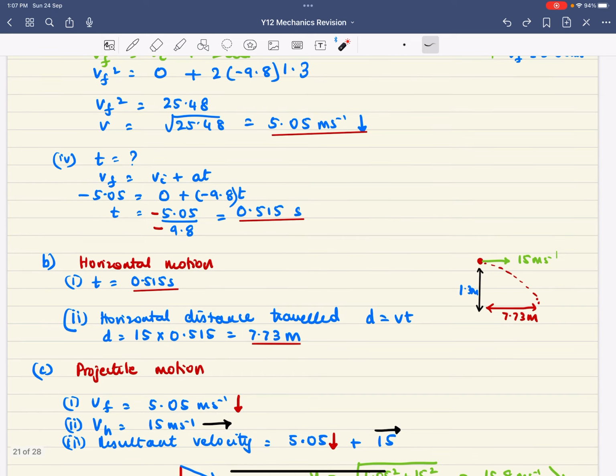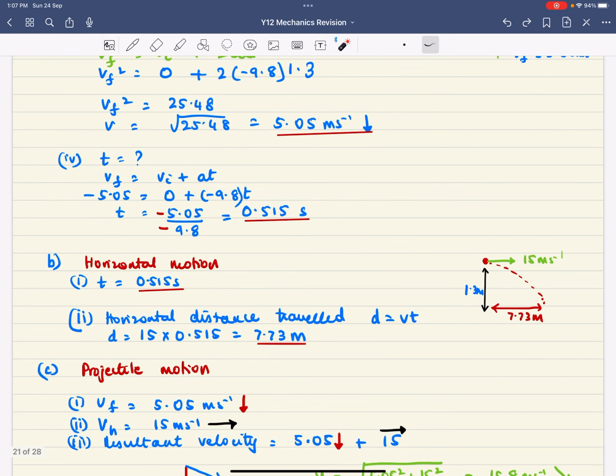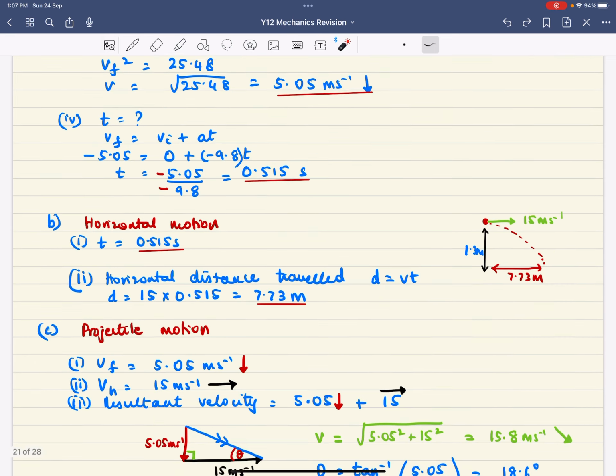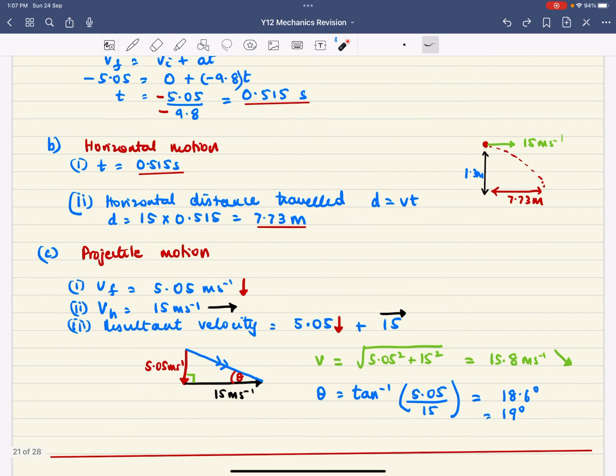Now, when the projectile hits the ground, it's a combination of the vertical velocity as well as the horizontal velocity. So in order to find the speed with which it hits the ground, you have to use your vector triangle. This is my vertical velocity, this is my constant horizontal velocity, and then I add them both vectorially to get my resultant velocity with which it hits the ground.